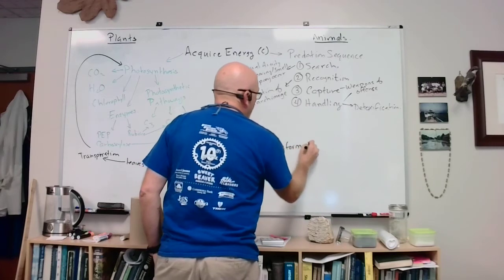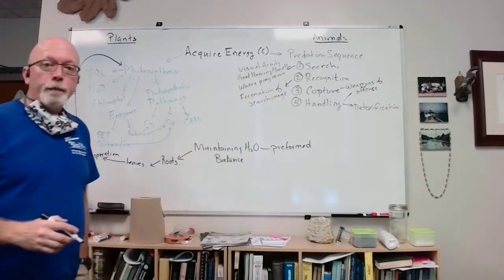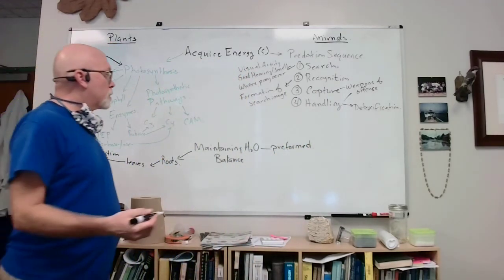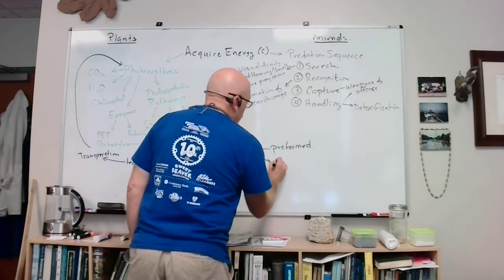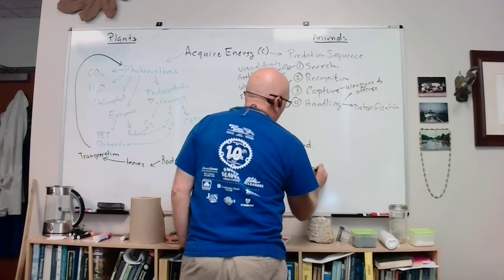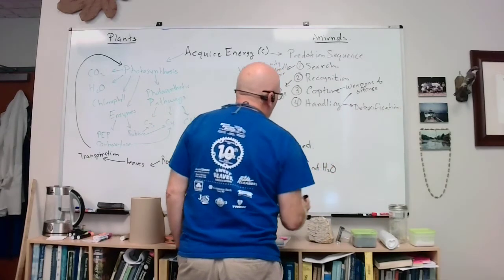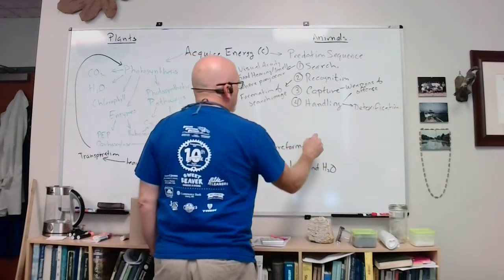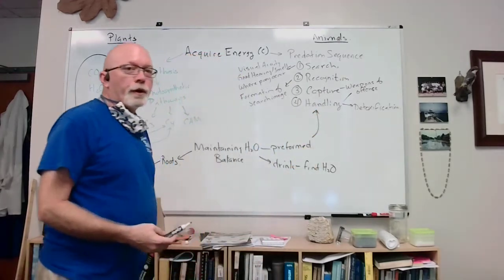This is water that is just a part of the food that the animal eats. And so animals can also just drink, but of course in order to drink they have to find water in order to get it. But the preformed water actually comes from the food that they're eating.